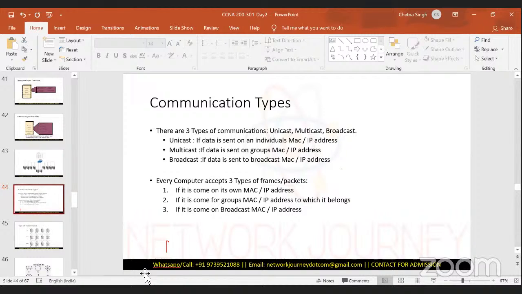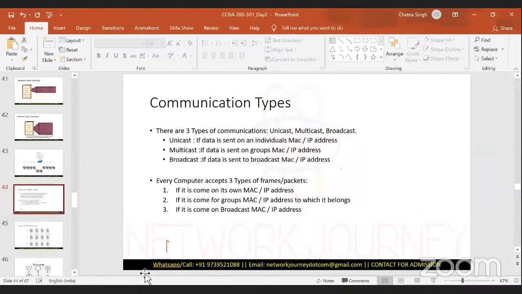The data comes up to the data link layer, where it decapsulates and checks who is the source MAC and who is the destination MAC. If it sees that this was a broadcast, it accepts it. Then it checks whether the source IP and destination IP are meant for it. So the computer accepts the frame or packet when it is meant for its own, if it belongs to a specific group, or when it has come as a broadcast.